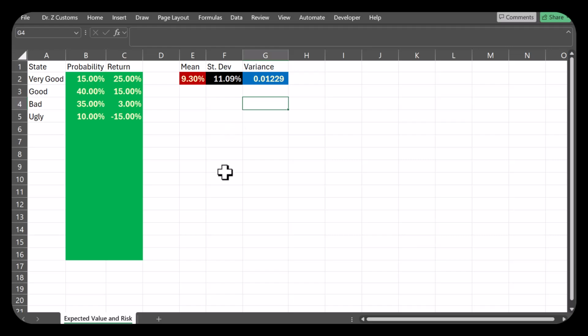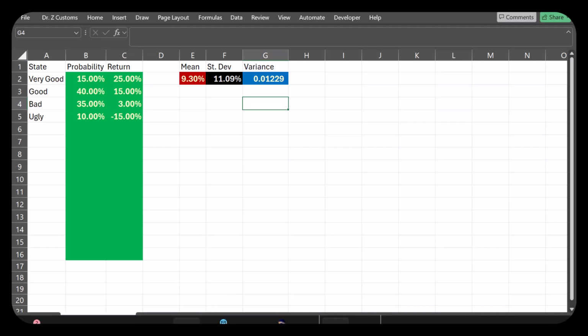Why do we think of standard deviation as a kind of risk measure? This goes back to actually late 1700s. Have you guys heard of the mathematician called Gauss? He came up with the so-called Gaussian distribution, which nowadays we call the normal distribution.